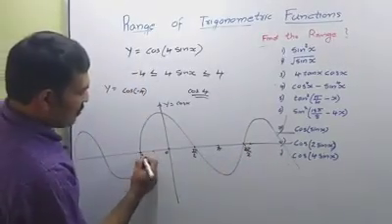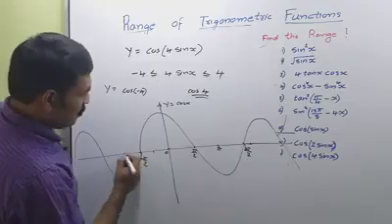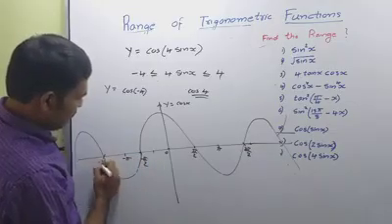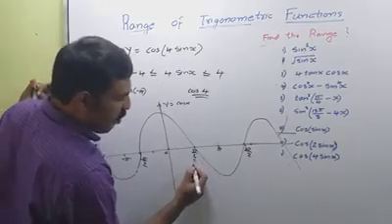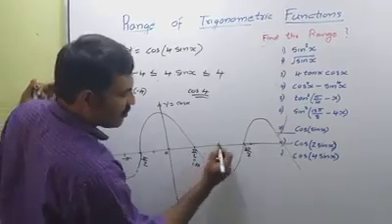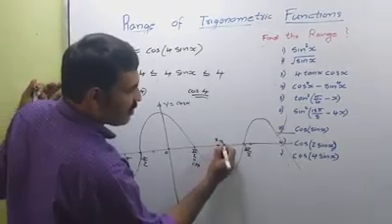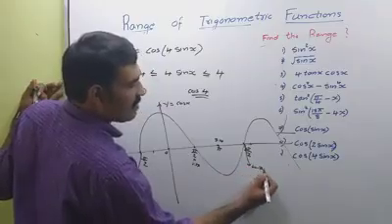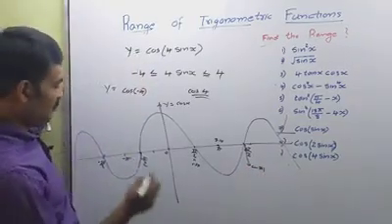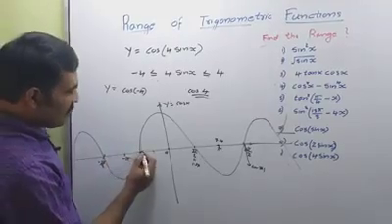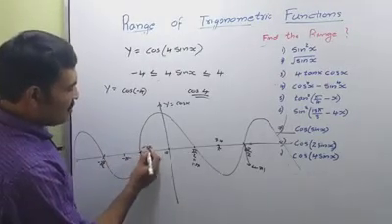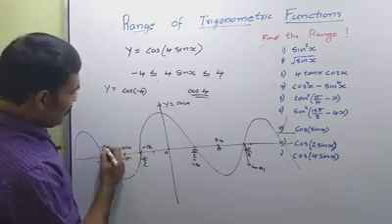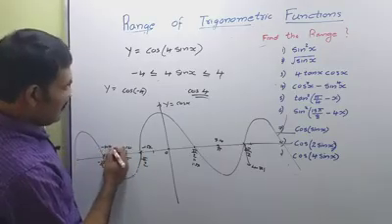This is a point minus pi by 2, minus pi, minus 3 pi by 2. And the value is 1.57. This value is 3.14. This value is 4.71. And again, this value is minus 1.57, minus 3.14, minus 4.7.